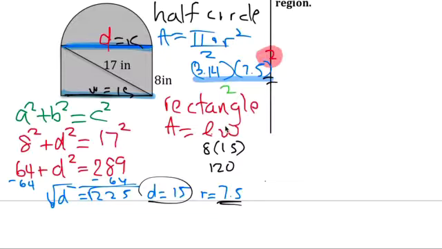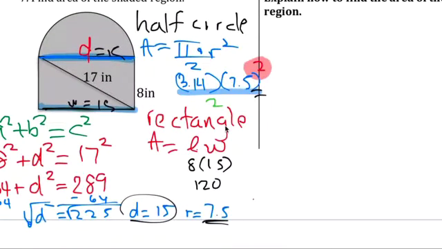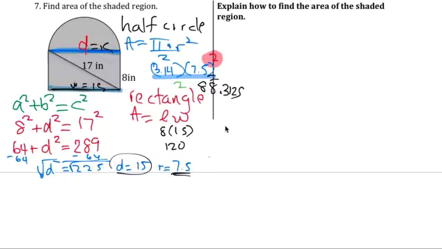Kids are forgetting the square. 3.14 times 7.5, and then squared. And then divide that by 2, and you should get 88.3125.